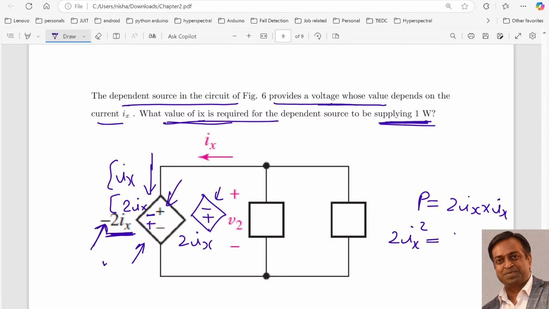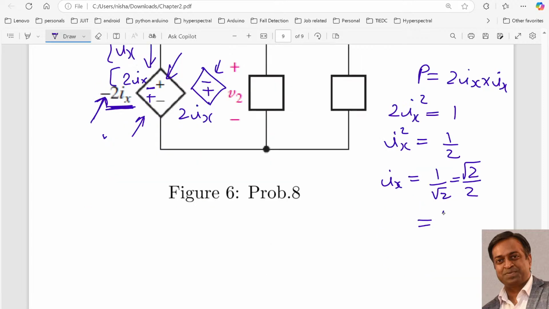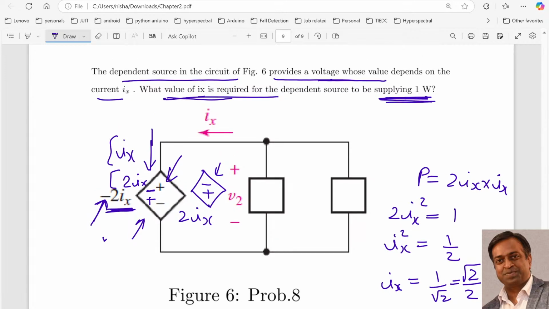So 2Ix squared equals 1, Ix squared is 1 by 2, Ix is 1 by root 2, or we can write it as root 2 upon 2, or root 2 is 1.41 upon 2, so 0.705 ampere. So this is the value of Ix to get the power supplied as 1 watt.